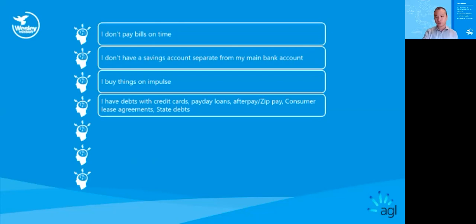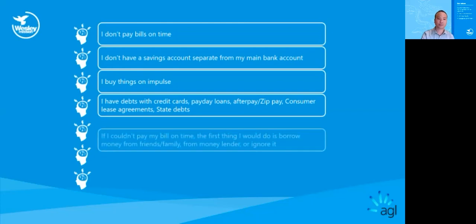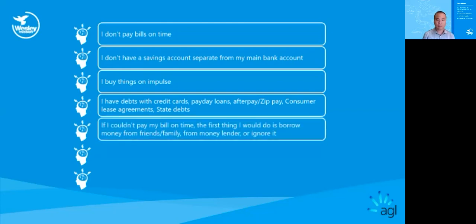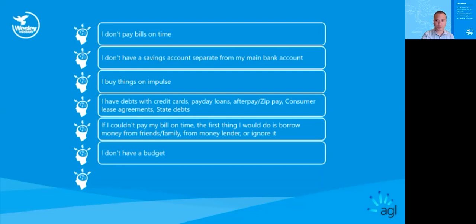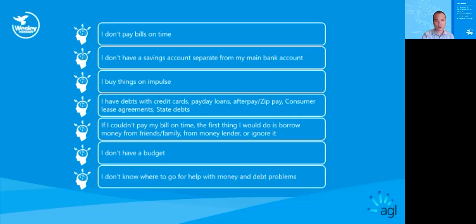So that's your Radio Rentals, state debt. If I couldn't pay my bill on time, the first thing I would do is borrow money from friends, family, from money lenders, or simply ignore it. Hear no evil, see no evil. How about budgets? Do you have a budget? And if you have problems with money and debt, you don't know where to go.